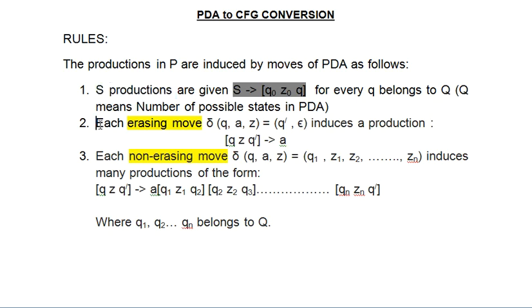The second one is for the erasing move. Erasing means you are deleting something, correct? Which operation in a stack performs deletion? Pop. So this is for the pop operation. The rule number 2 explains how to convert a PDA to a CFG for a pop operation.